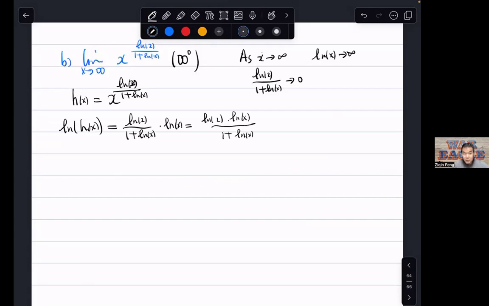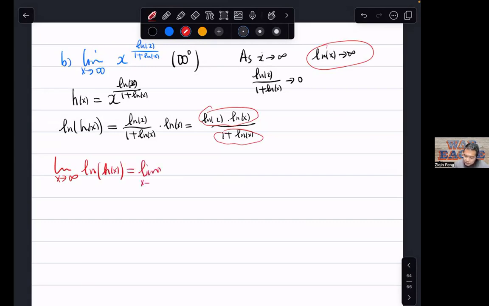So as x goes to infinity, the numerator here for sure goes to infinity, and the denominator also goes to infinity, because natural log of x goes to infinity, and plus 1 or times a positive number always goes to infinity, right? So we know that we get an infinity over infinity kind of limit. We can apply L'Hopital's rule, right?